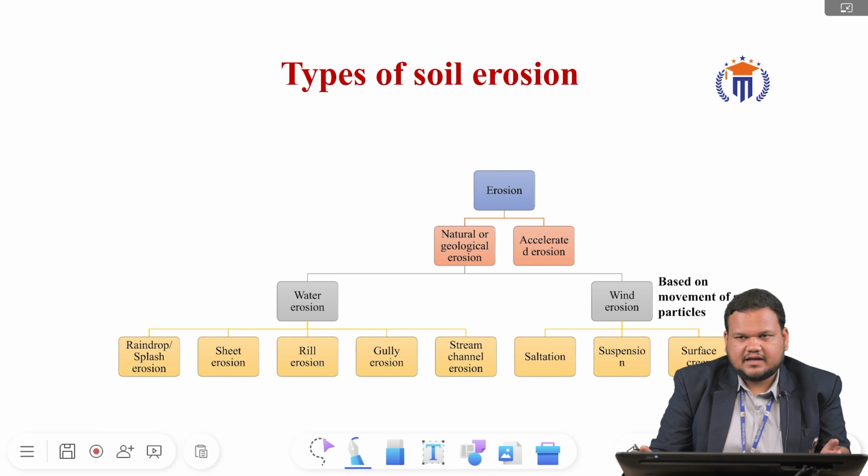In the case of water erosion, it starts with splash erosion, where rainfall hits the soil particles and their movement begins. This is the sequence in which water erosion happens: it starts from raindrop erosion and continues to sheet erosion, rill erosion, and gully erosion, resulting in the formation of ravines and also landslides.